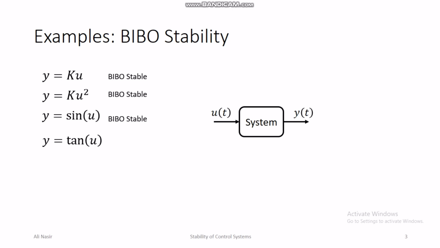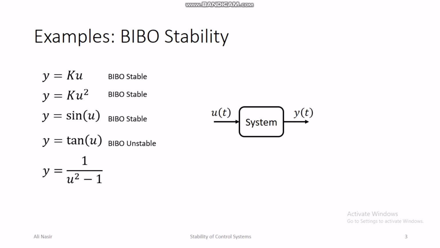When u is 90 degrees or pi by 2 radians, the tangent will become infinite because tangent is sine over cos, and cos at pi by 2 is 0 and sine at pi by 2 is 1, so 1 over 0 is infinity. So this system is BIBO unstable because pi by 2 radians is a finite value of u for which y will become infinite. So this is one example of a BIBO unstable system.